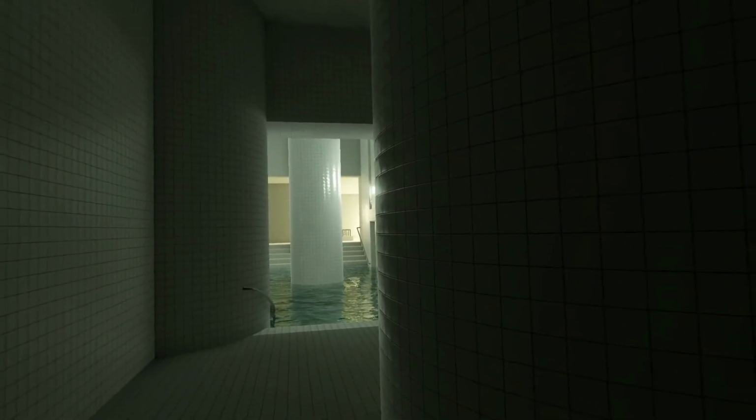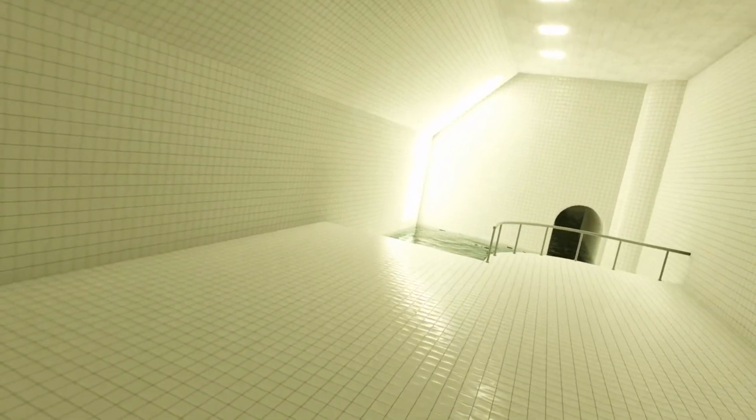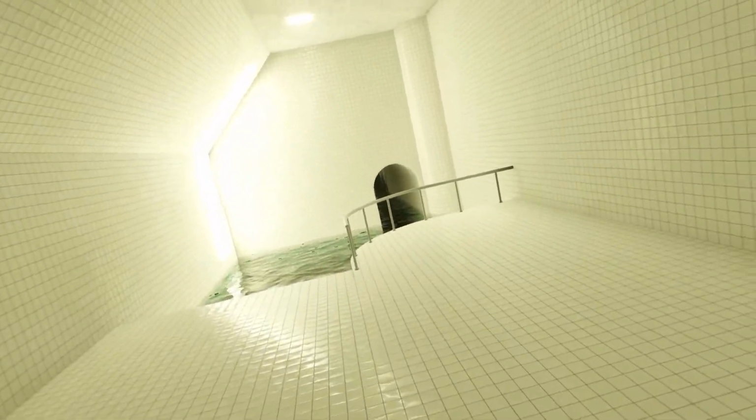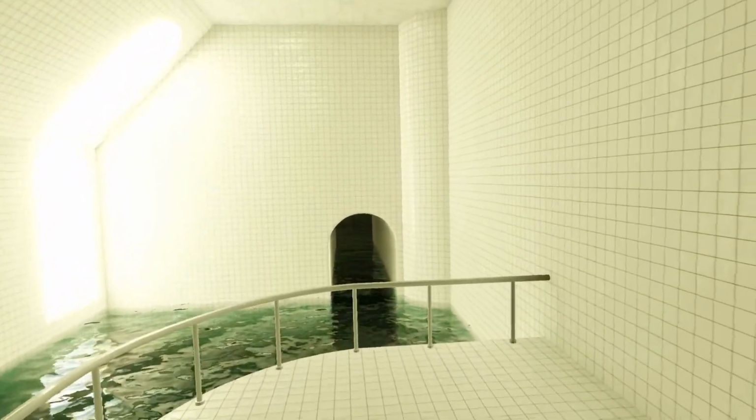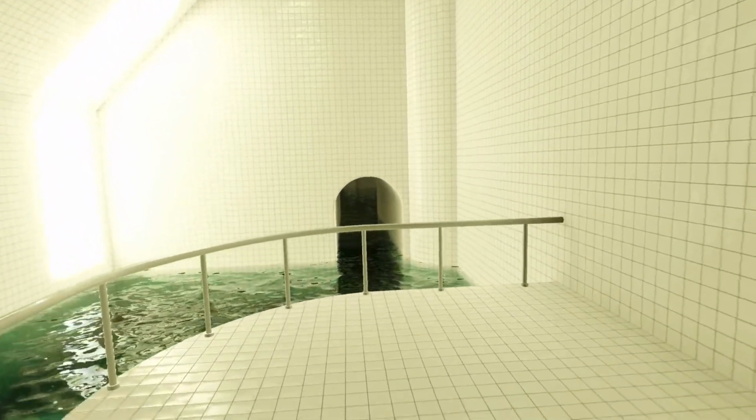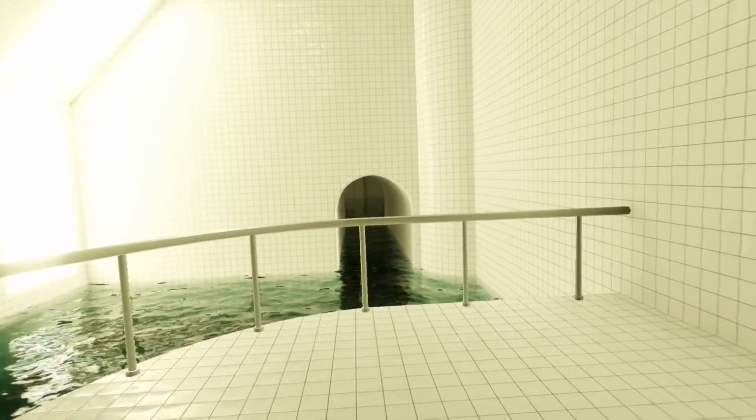Presented with two options here. This is more enticing, but this is piquing my curiosity. What is down here? That noise again. Oh, okay. Yeah.